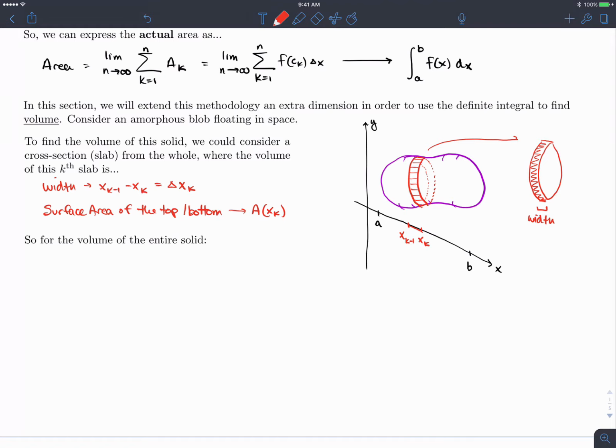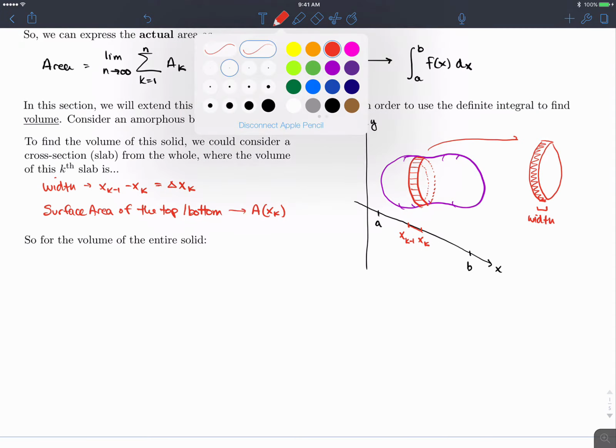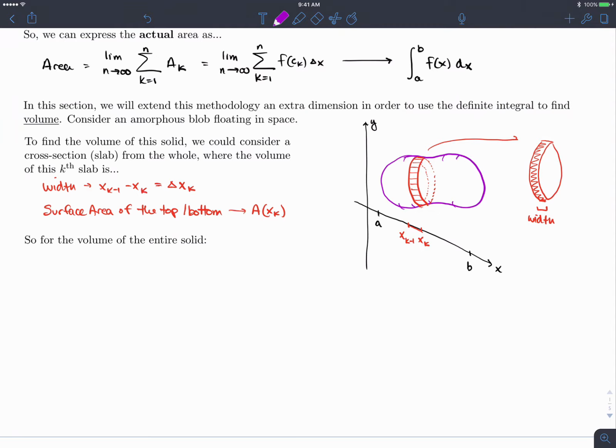So if we wanted to find the volume of the entire solid, let's consider this. First, we would start with the volume of the kth slab. I wish there was a more rigorous term to use, but that's the best that I can think of.